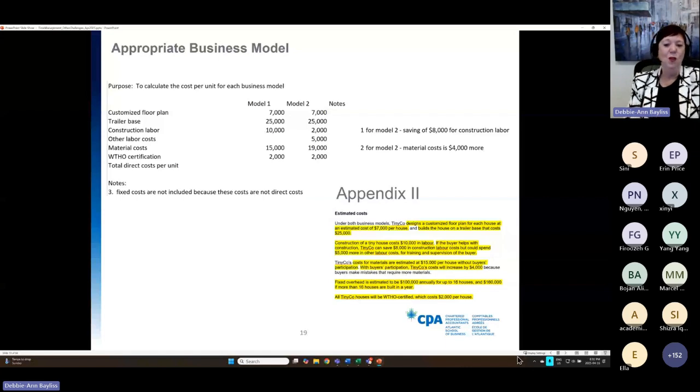Okay, so as I'm reading, I'll go, okay, so the first thing is it says in the very first paragraph that the customized floor plan for each home is 7,000. Perfect, got it in. And then the trailer base costs the same, 25. Okay. So as I'm reading, I'm including that information in Excel.